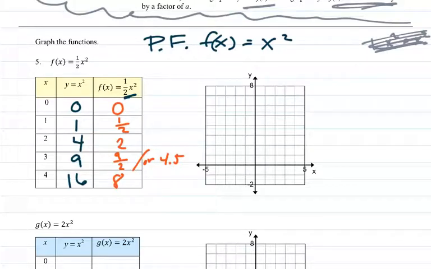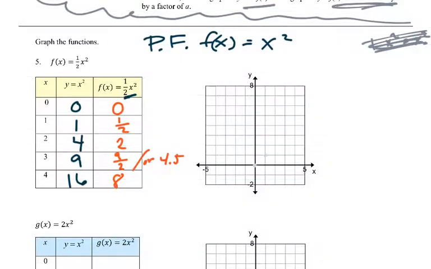All right, so let's graph our parent function. Again, I'm going to do that in light gray. So here we go. Let me clear out the lines in the background. 2 would be 4. 3 would be 9, which is off the page, but we'll put it up there. And then this would mirror on the other side.